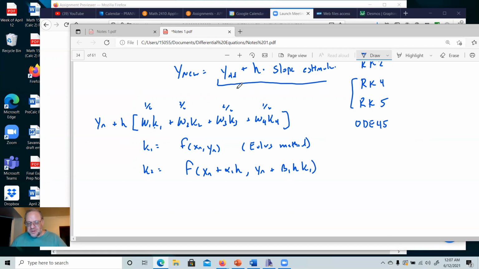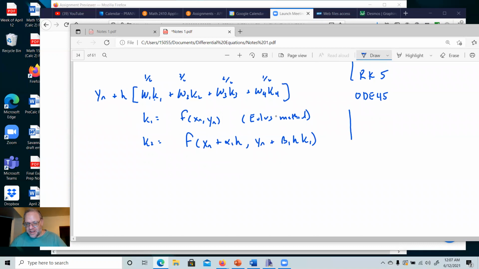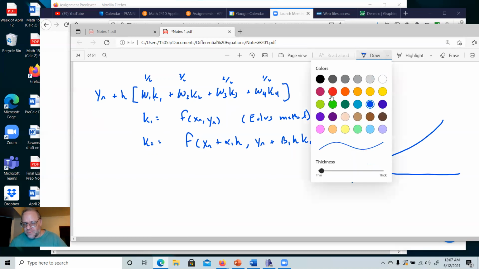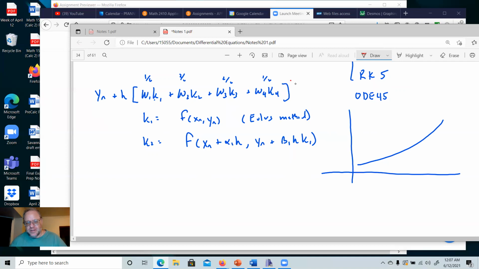So what's happening geometrically is, here's our slope, here's our curve, and our first one, that's Euler's. Notice what this is doing. This is saying xn plus some fraction of a step. I think that first one is 2, so it's half.